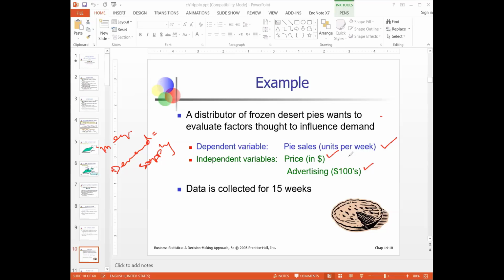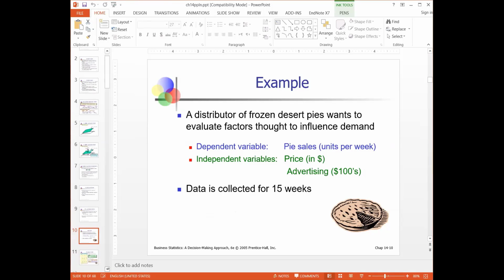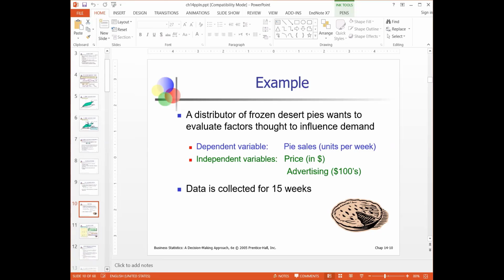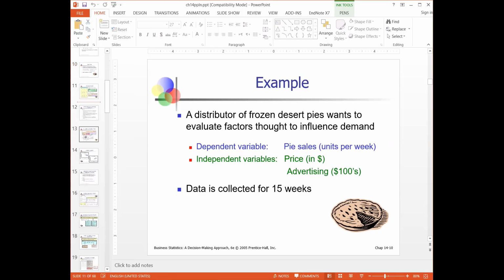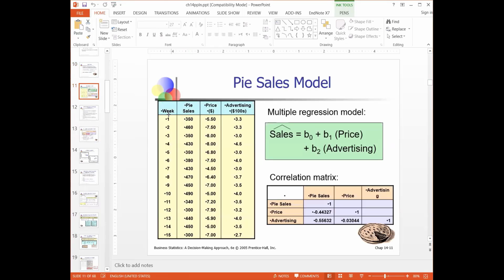The data is per week, so it means n is equal to 15, so the data has 15 observations. Move the slide. Okay, so the data is shown here. It has 15 observations, with the sales, the price, and the advertising expense.